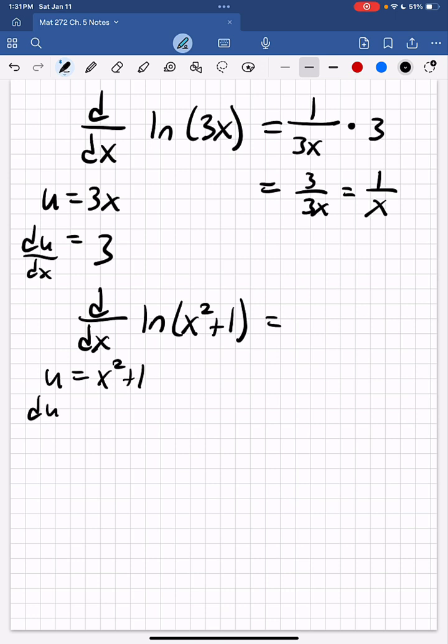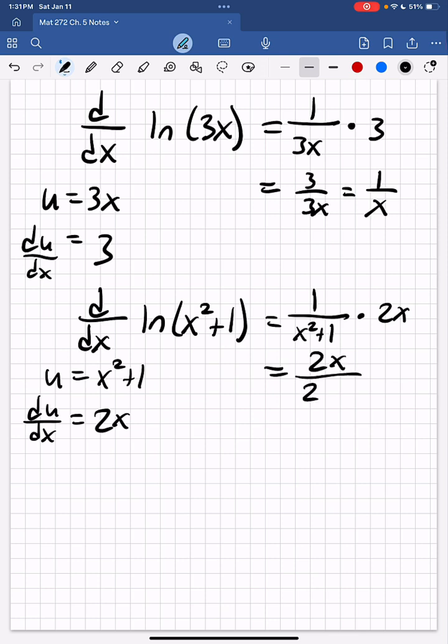Find the derivative with respect to x, that's 2x. All right. So I have 1 over x squared plus 1 times 2x. Okay. So then I can combine that to one term and say that is 2x over x squared plus 1. Okay.